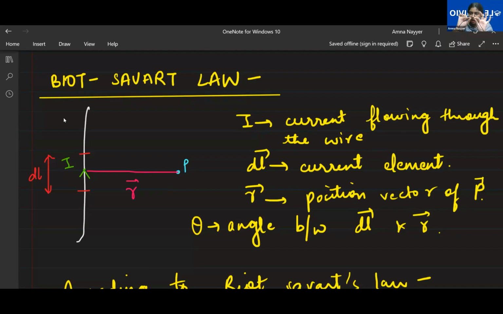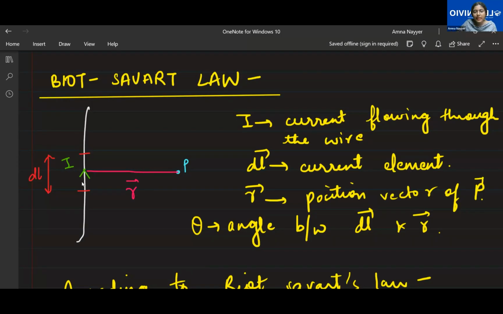So whatever shape we have, we'll just add all of it, and this length can be modified. That's why we take the smallest length possible, which is known as the current element. You have to pick out the current element, and the current flows within it in the same direction as that of the wire because it's just a segment of the wire.